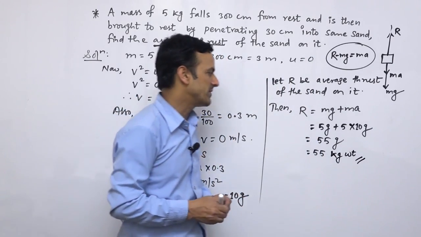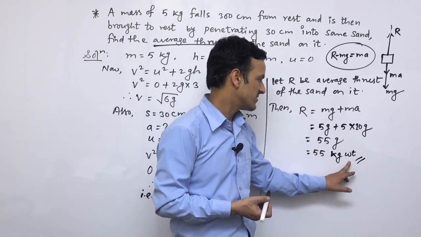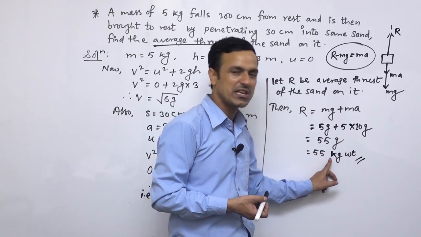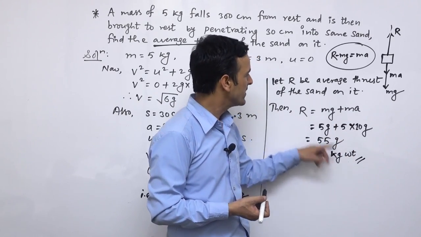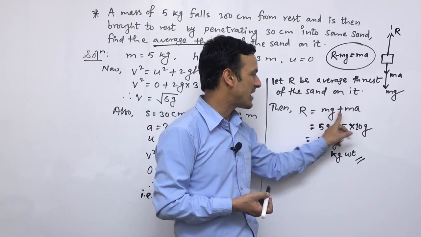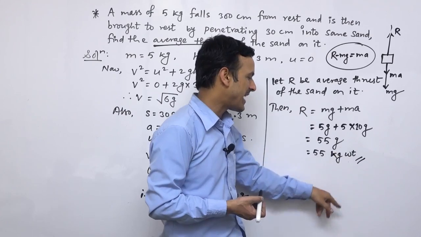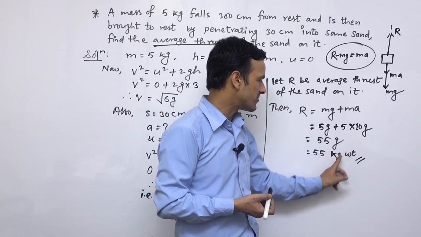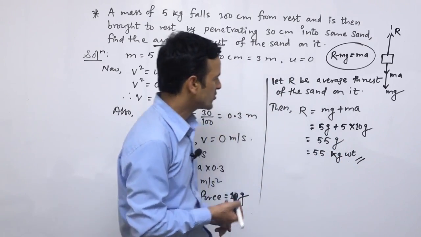So normal reaction will be 55 kg weight by converting this gram into kg weight. So in this way, by using this average thrust formula or normal reaction, R is equal to mg plus ma, and substituting this value, we get 55 gram, and gram converted into kg weight. So in this way we can find out.